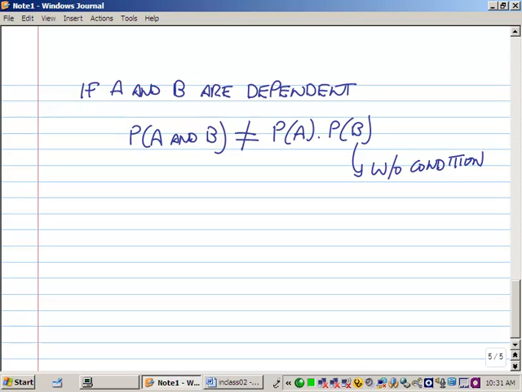And that's quite often how we prove that A and B are dependent. We get the probability of A, the probability of B, multiply the two, and see if they equal the probability of A and B, and if they're not, hey, they're dependent. And we'll see examples of that later.